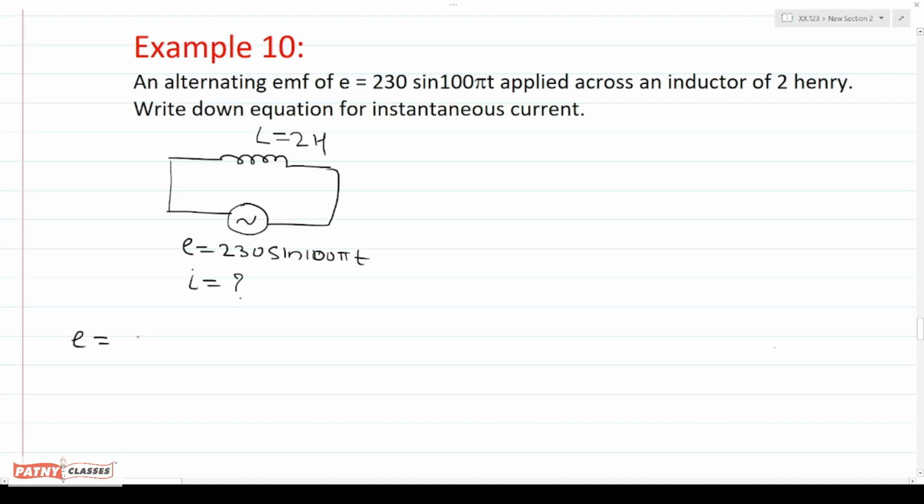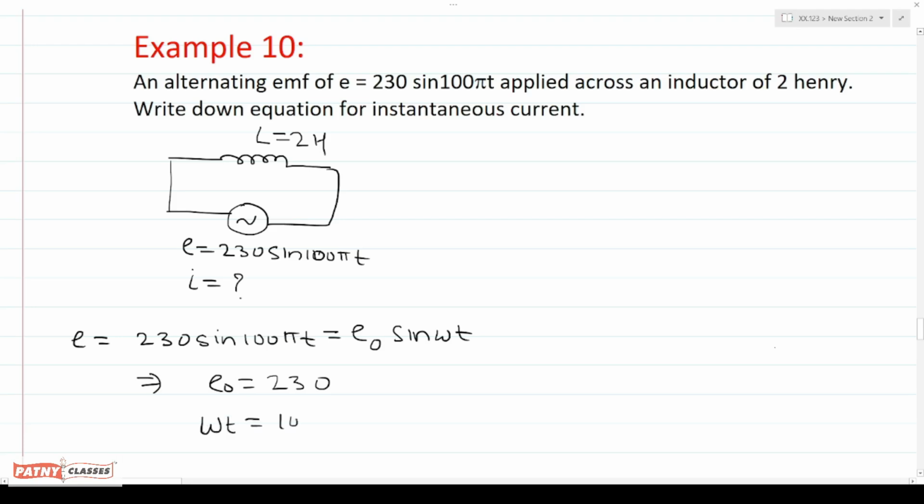E equals given 230 sin 100 pi t. Comparing it with the standard equation E naught sin omega t, E naught equals 230 and omega t equals 100 pi t.